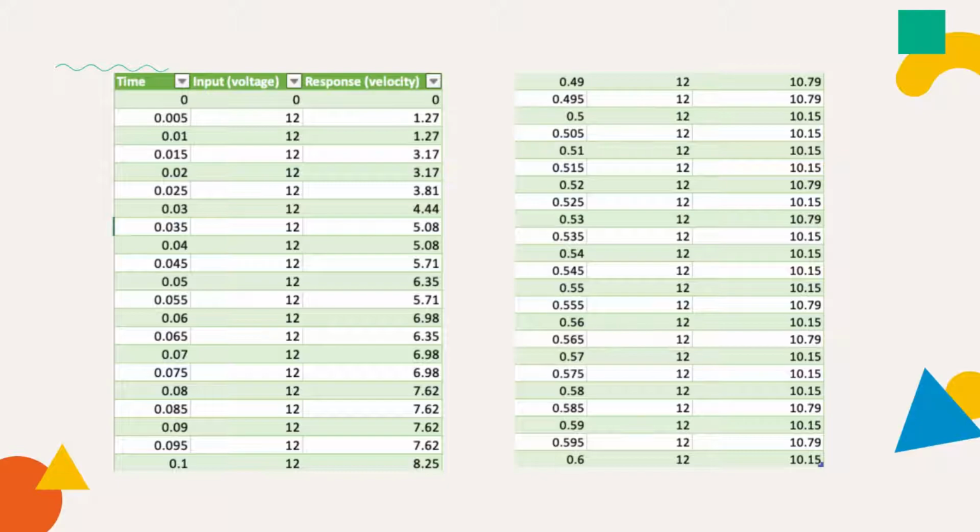Then we have the input or voltage column, which is 12 volts. Finally, the third column is the response or velocity in radians per second, and this column has the values that we get from the model data acquisition.